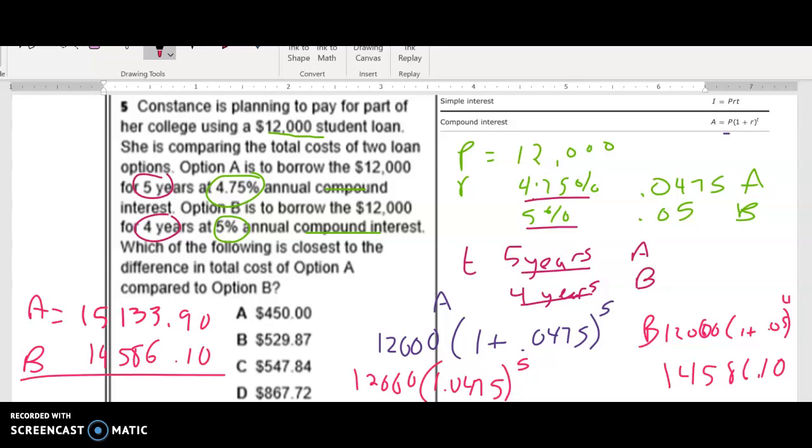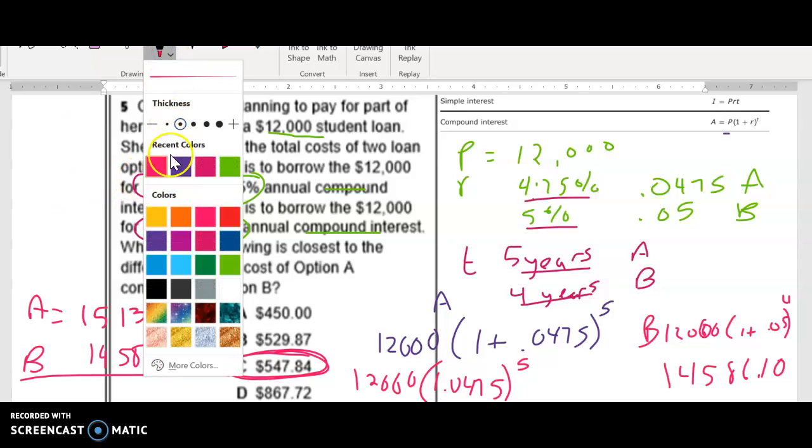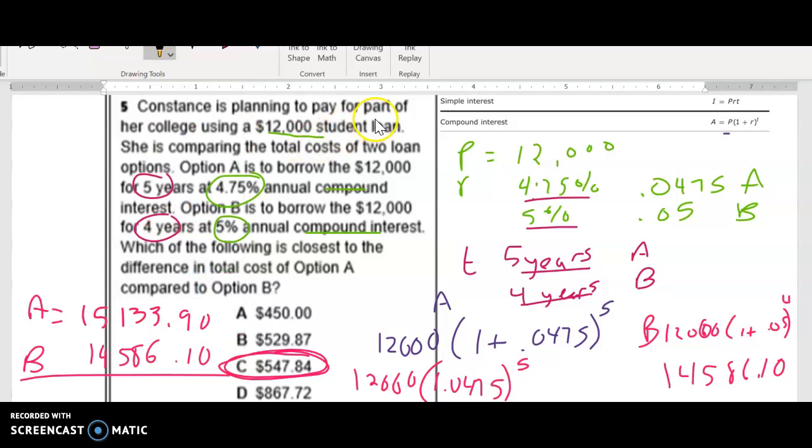Then I'm going to subtract it, 15,133.90 minus 14,586.10, and we get 547.84.